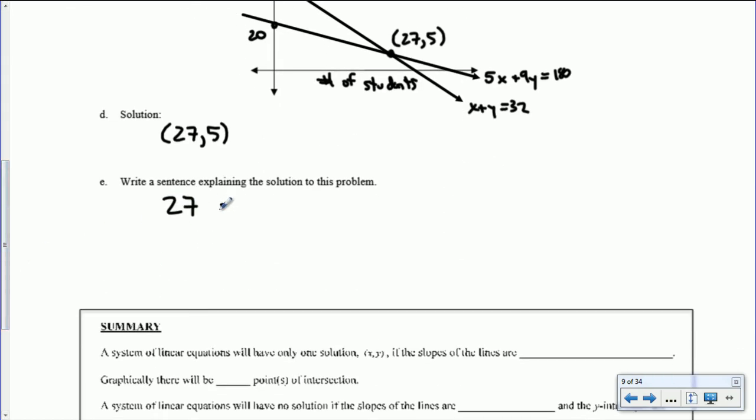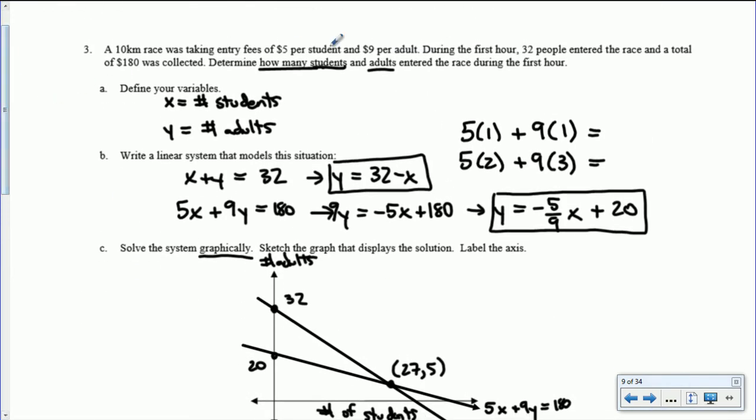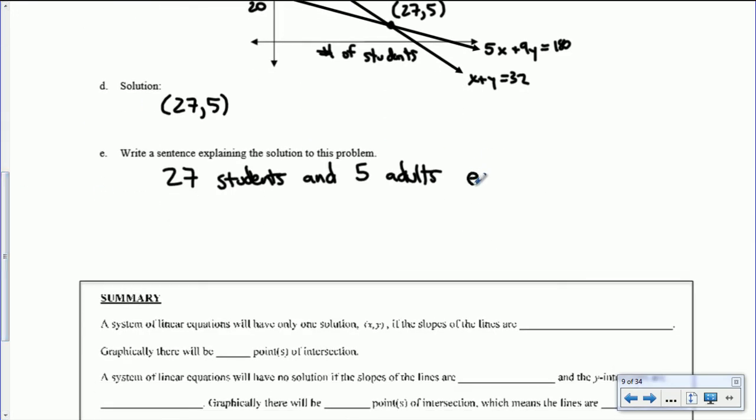So 27 students and 5 adults. What's the question again? Determine how many students and adults entered the race during the first hour.